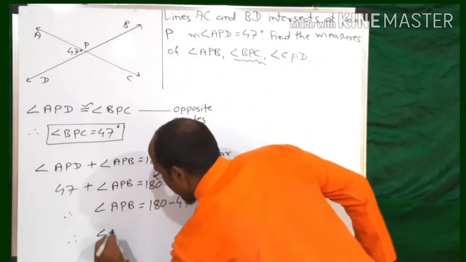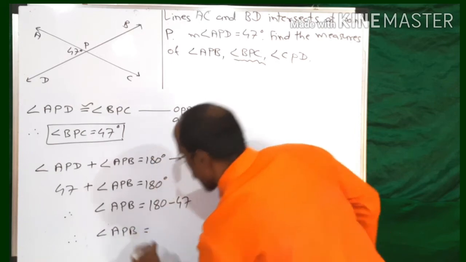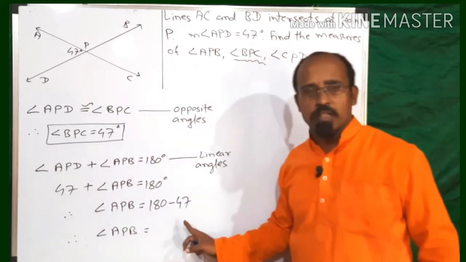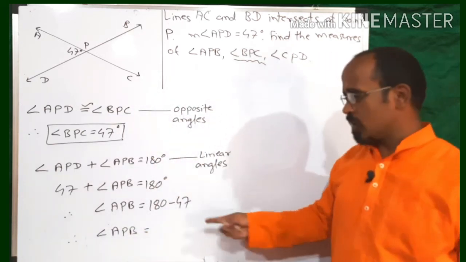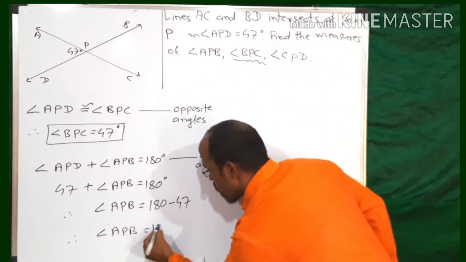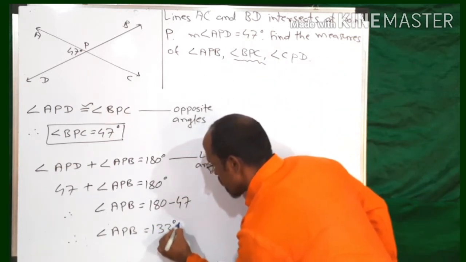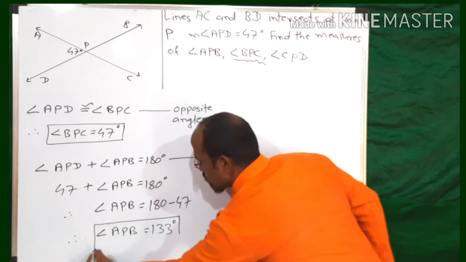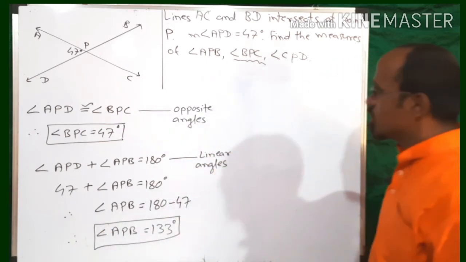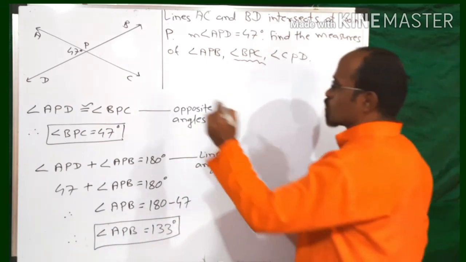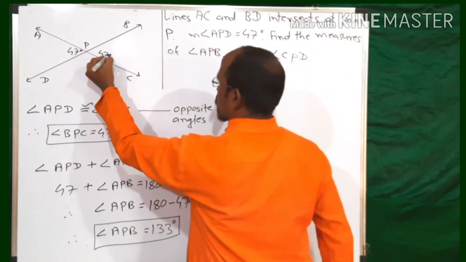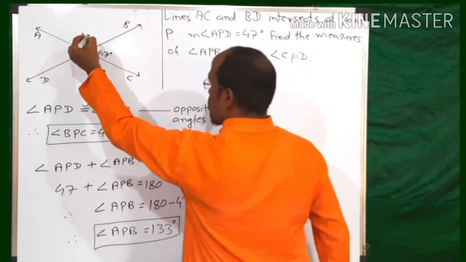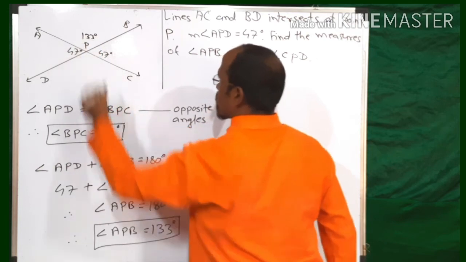Therefore, angle APB is equal to 180 minus 47, which is 133. The measurement of angle APB is equal to 133. Okay friends, so you found this angle is equal to 47 degrees, this angle is equal to 133 degrees.